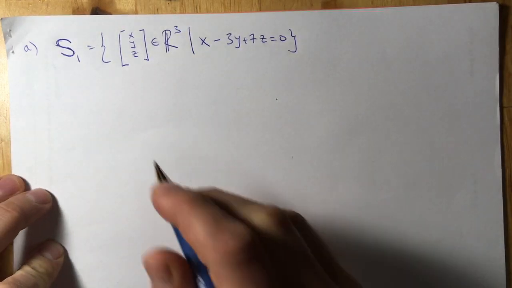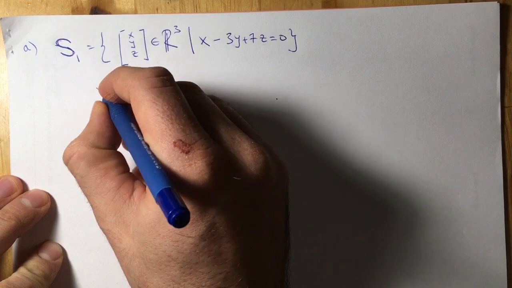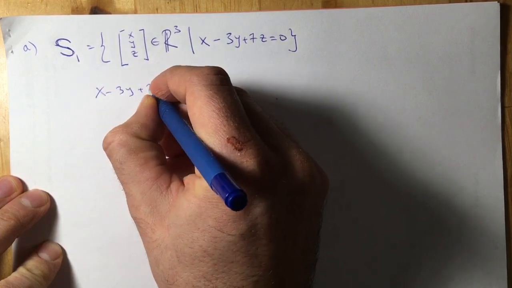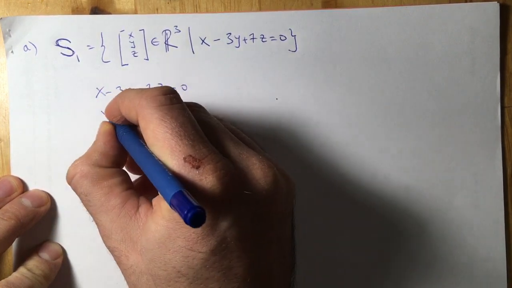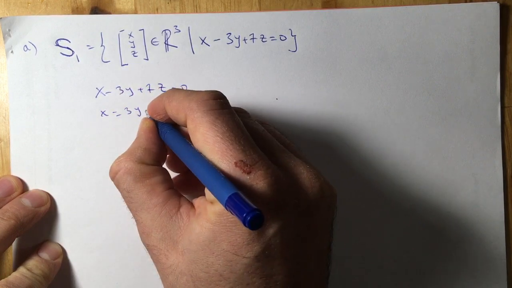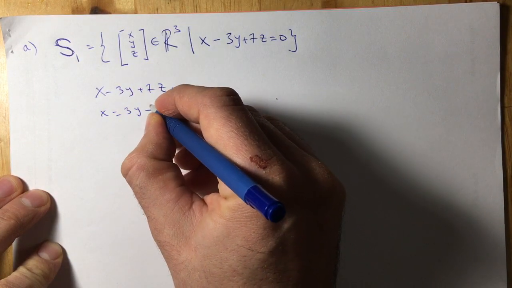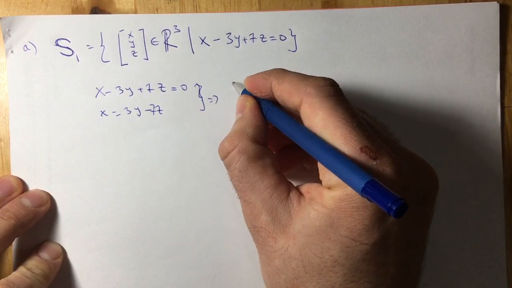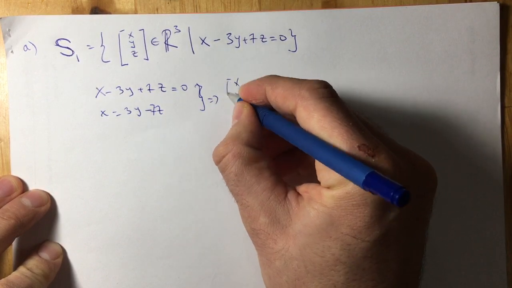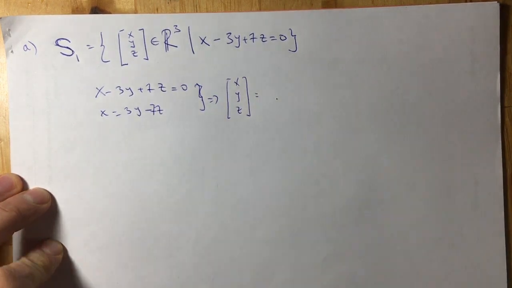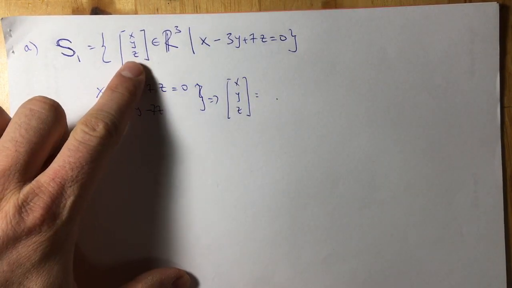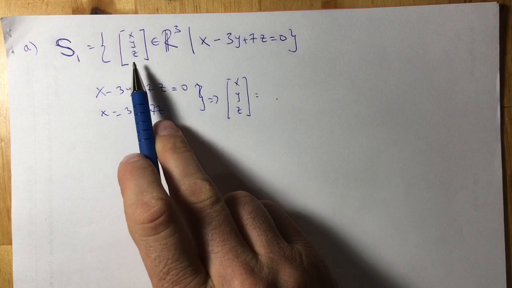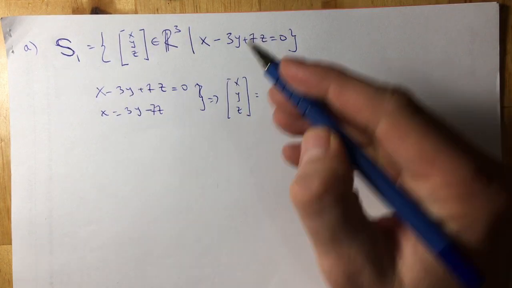One way to do it is to express this as a span of vectors in R3. From x minus 3y plus 7z equals 0, x is equal to 3y minus 7z. Once you have found the relationship between the parameters, go back to the general vector x, y, z.